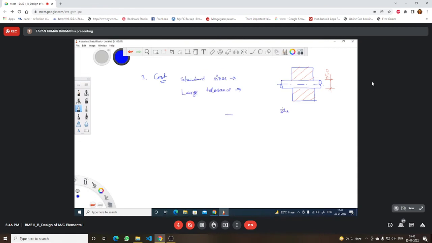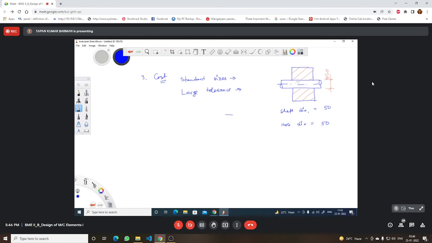So shaft dia 50 millimeter, hole dia also 50 millimeter. Now how to accommodate the shaft inside the hole? Then there we introduce the term tolerance.